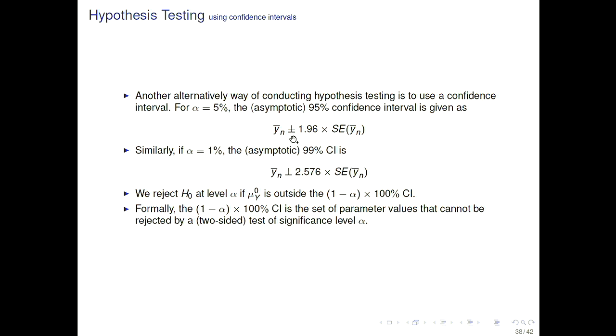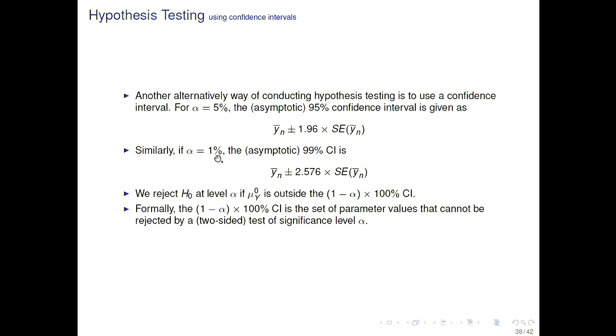So, however, the formula is so easy to remember. You have the sample average plus minus 1.96 times standard error. That's it. If the level is 5%, this is the formula for the 95% confidence interval.